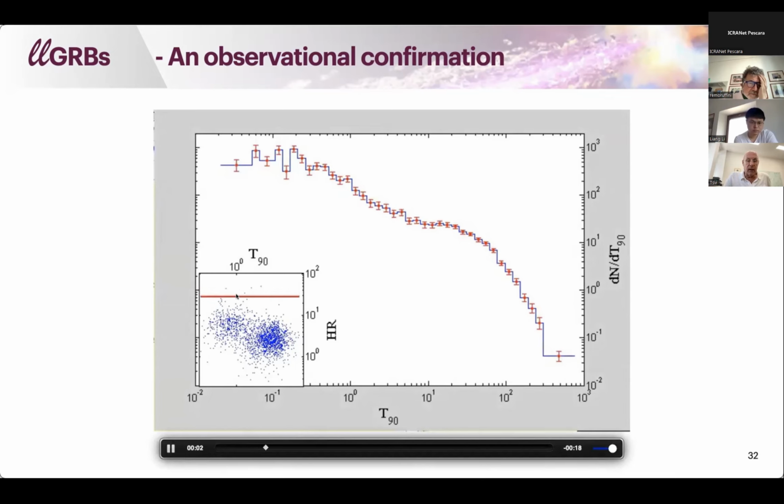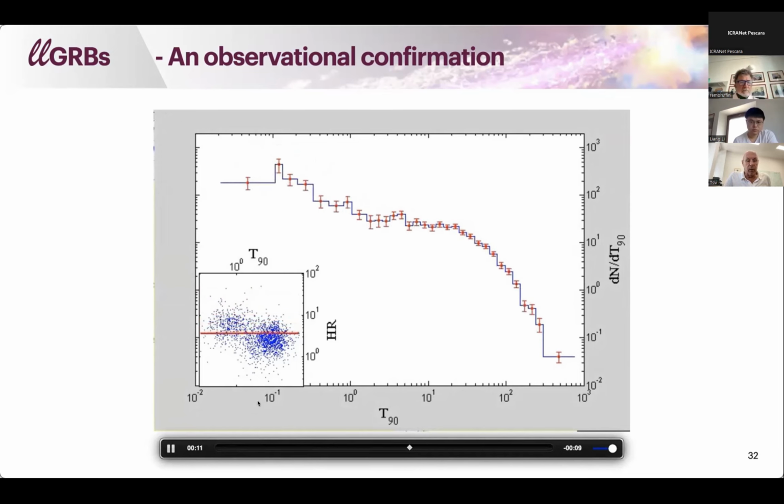I'm reducing the hardness of the sample, and you will see I'm losing bursts, but I'm losing mostly on the short side, and then the plateau becomes, you see, the plateau here goes almost all the way to zero.